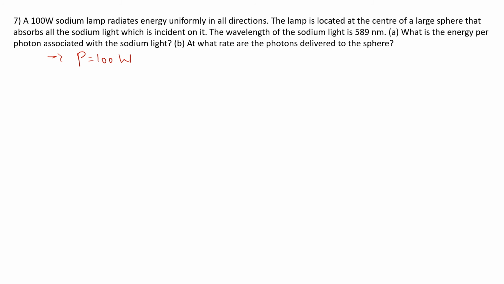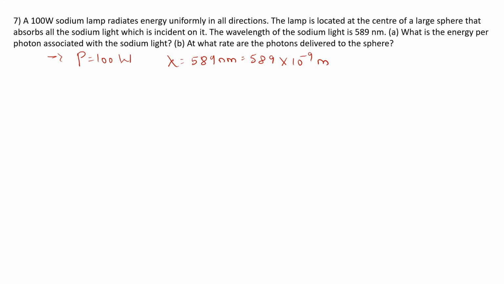The wavelength of the sodium light is 589 nanometer, that is 589 into 10 raised to minus 9 meter. They have asked what is the energy per photon associated with the sodium light. Next, at what rate are the photons delivered to the sphere.